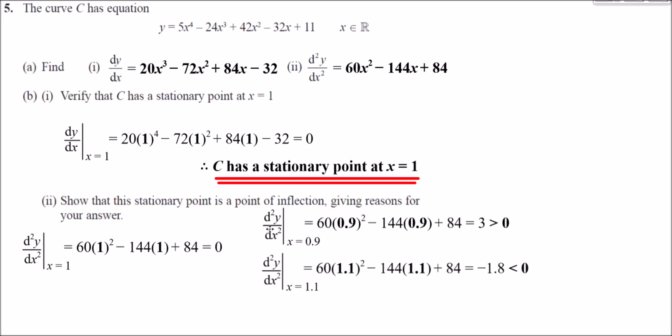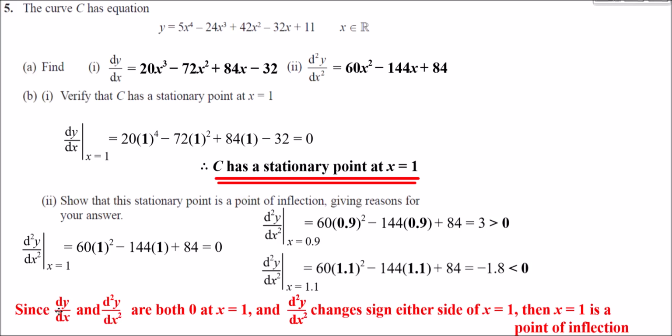So just to really confirm and establish you'll get the marks, if you're confident, I'd also suggest to add a bit of wording as follows, something like this. So since dy by dx and d squared y over dx squared are both 0 when x is equal to 1, and d squared y over dx squared changes sign either side of x equals 1, then x equals 1 is a point of inflection.